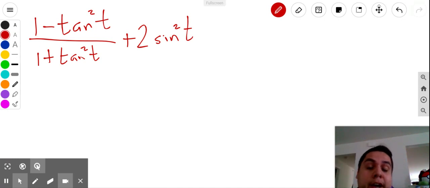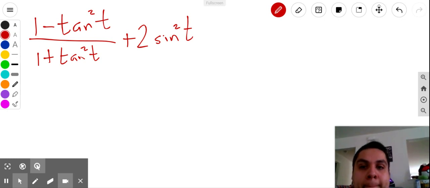So I need to figure out how to do this. I don't see where the sines and tangents can kind of combine, so I'm not going to try to do what I just did. I'm actually going to look towards a Pythagorean identity, trying something out and see how it goes. I haven't worked this out, so bear with me.